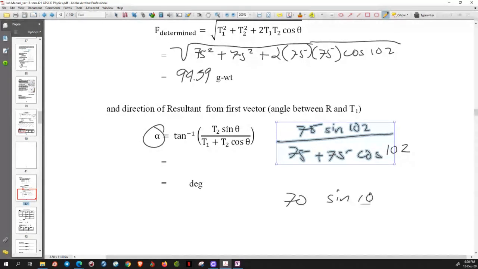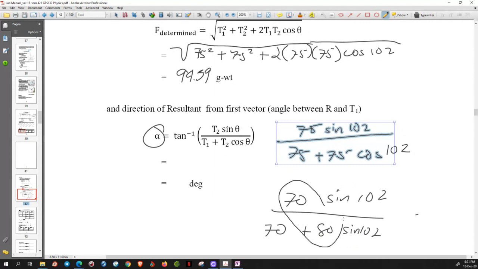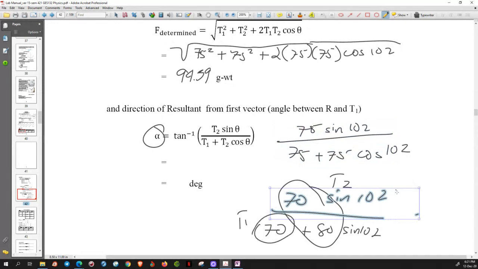70 sine 102 over, if you put it here, okay, 70 plus 80 sine 102. This value here is T2. Okay, this value here is T1.